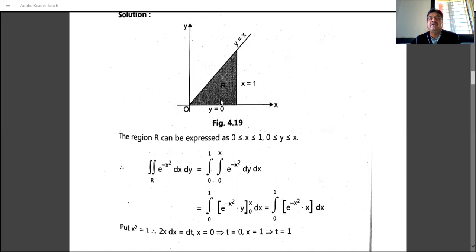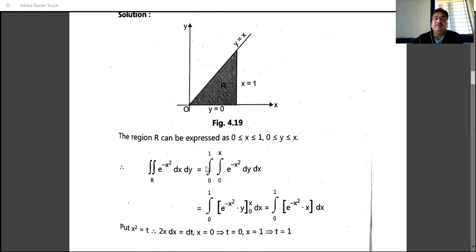Draw the strip parallel to the y-axis, and then the limit is on y first, and then the limit on x. So what are the limits on y? One end of that strip touches the line y is equal to 0, and therefore y is equal to 0 is its lower limit. The other end of the strip touches the line y is equal to x, and therefore y is equal to x is the upper limit.